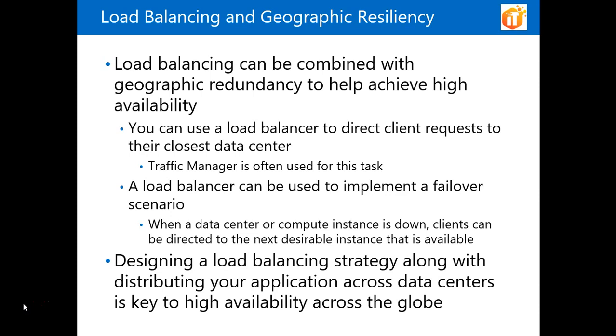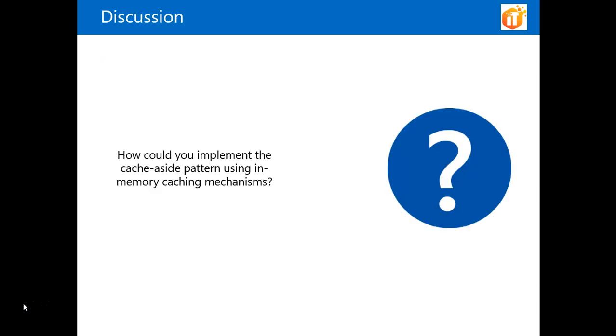So when a data center or compute instance is down, clients can be directed to the next desirable instance that is available. So designing a load balancing strategy along with distributing your application across data centers is key to high availability across the globe.